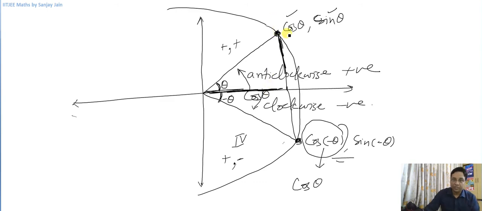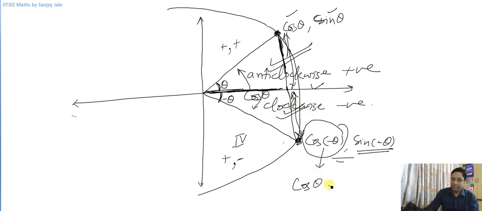But for this point, the vertical length is this, which is above x-axis, and for this point, vertical length is this, which is below x-axis, right? I hope you have understood it. So sine of minus theta is equal to sine of theta in magnitude, but in direction it is negative.